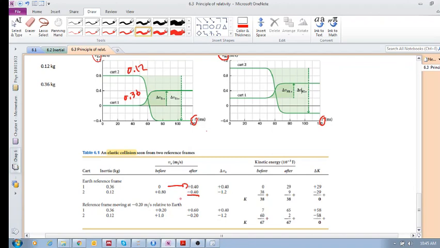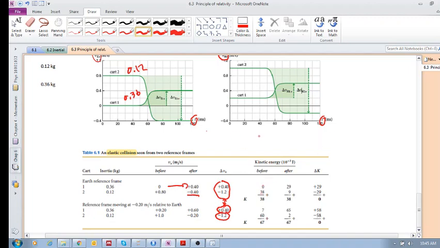Okay, and as we've been saying now for a few videos, if you look at a different inertial reference frame, then the delta V's for each cart must be the same. The delta V's are the same in the different reference frames. But what about the kinetic energies? So look at cart 1 and cart 2 before they collide in this reference frame.